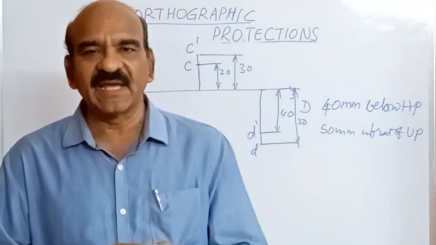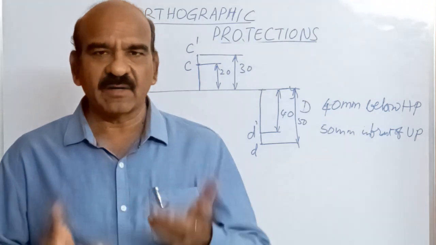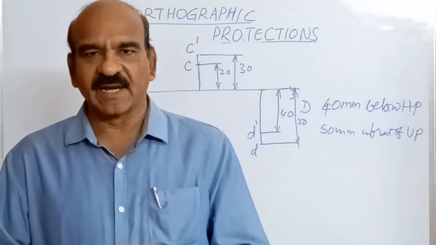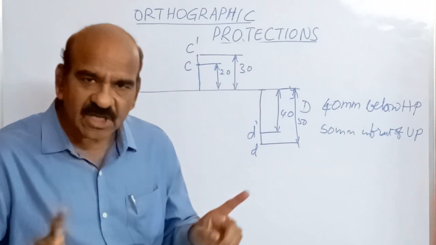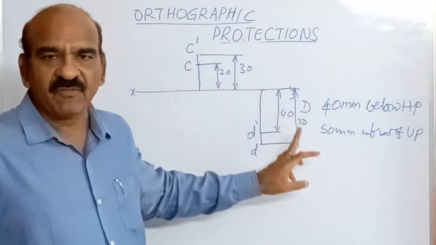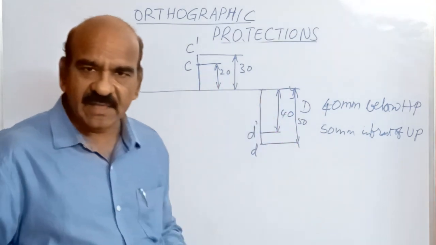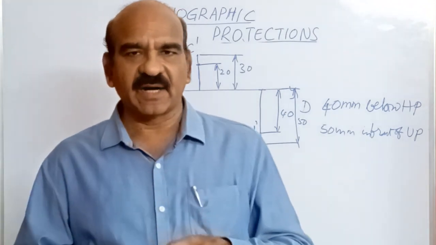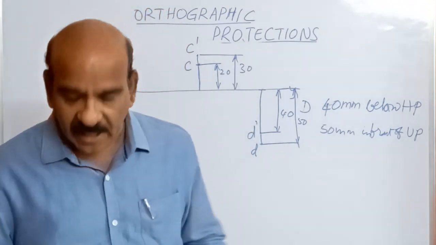We don't get a clear picture, right? We cannot get all the three dimensions clearly. That's why there are no second angle projections and fourth angle projections. We have either first angle or third angle projections only, right?